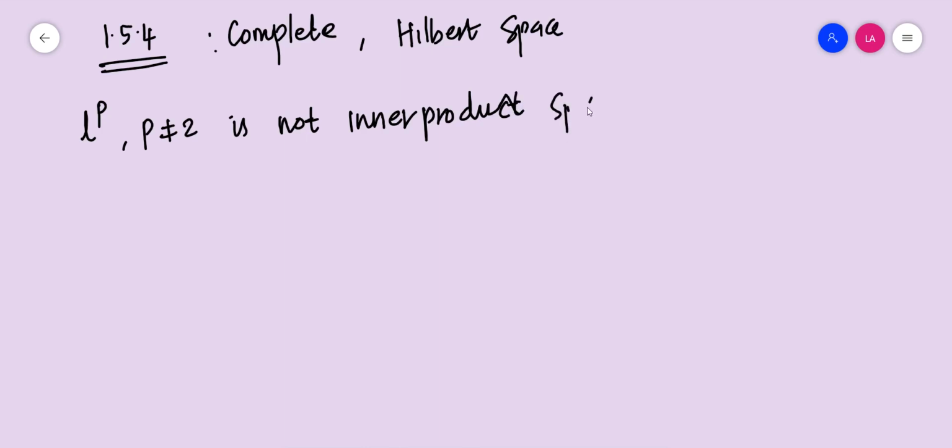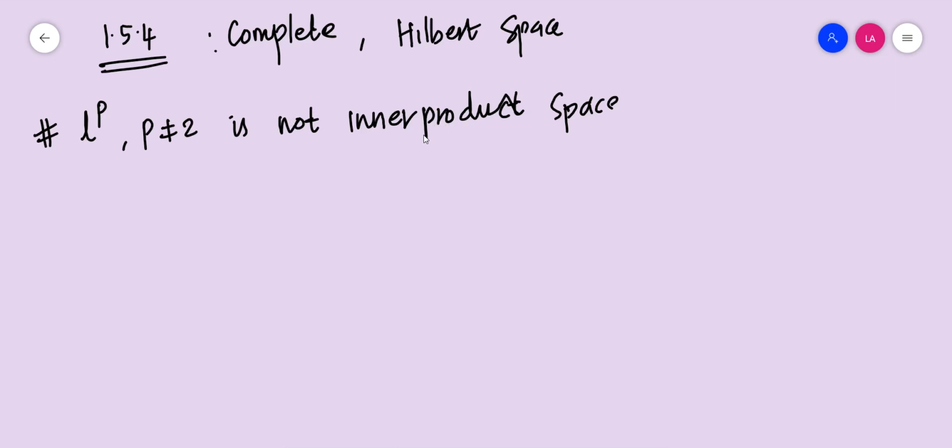Which means that except L2, all other LP spaces are not inner product spaces. And these are the classic examples of normed spaces which are not inner product spaces.